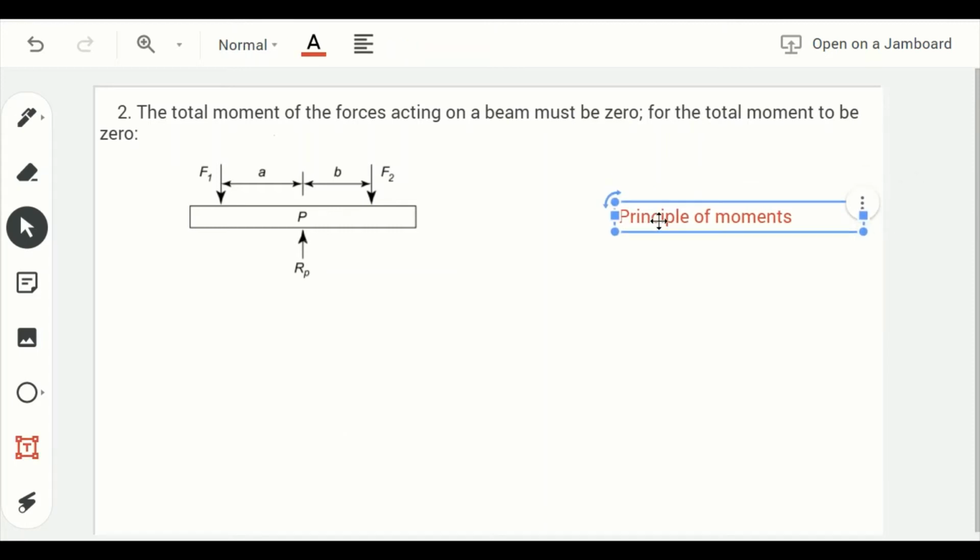It says that the total moment of the forces acting on a beam must be zero.